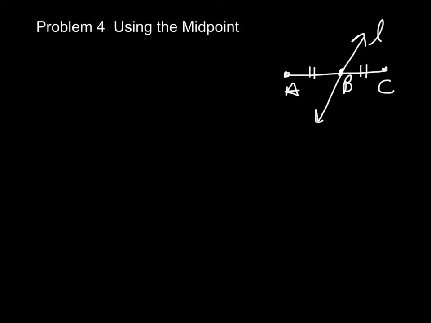They're congruent, so we say that they're congruent. Segment AB is congruent to segment BC. So that means point B, right here, point B is the midpoint of segment AC. And that means L, the line L, is a segment bisector of segment AC.